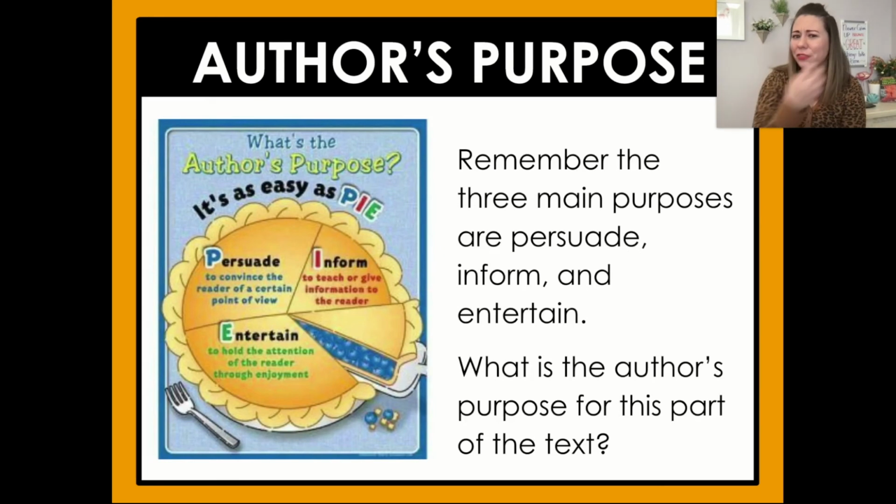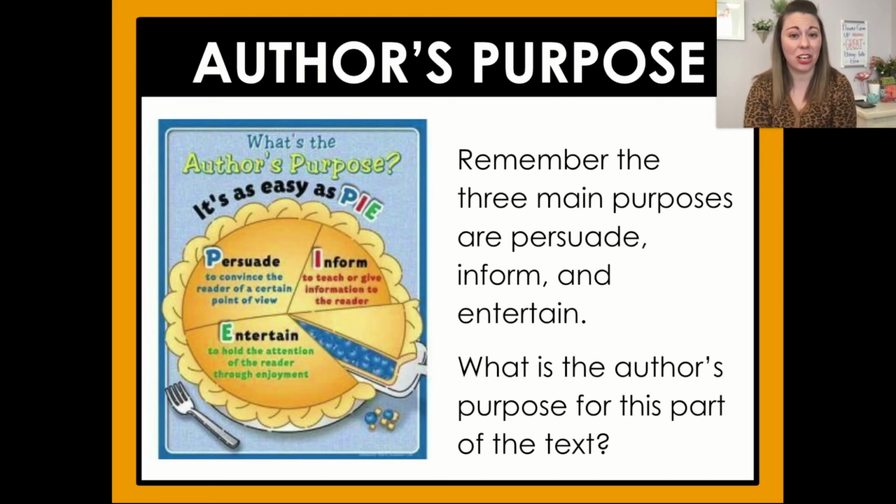And there are three main purposes that we generally talk about with author's purpose. Those are persuade, inform, and entertain. So what do you think the author's purpose is in this part of the text? Are they trying to persuade you, to convince you of a certain point of view? No, of course not. Are they trying to inform you or teach you or give you information? Yeah, they are.